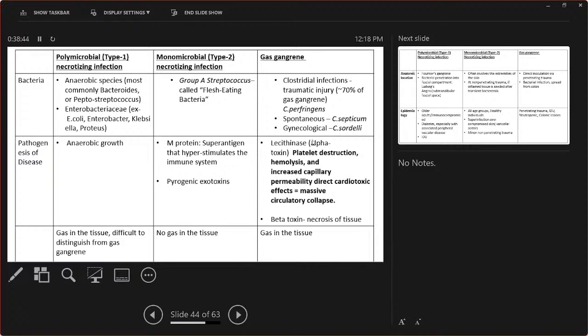And even in gas gangrene, how many patients have gas? Many have no gas in the tissue. That's why you actually cannot differentiate clinically this type of thing. I have some more slides regarding radiological investigation.